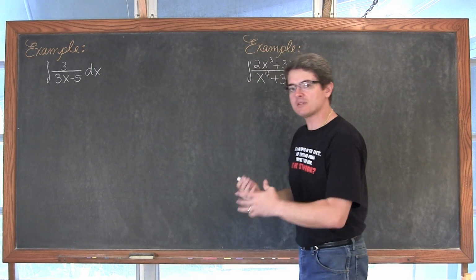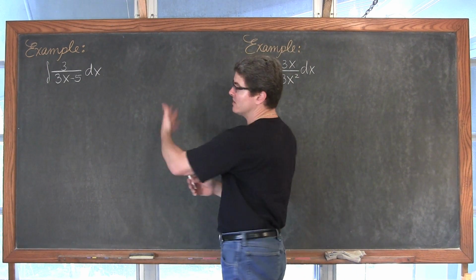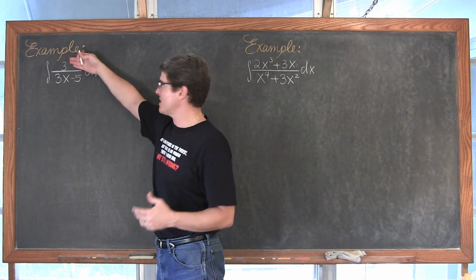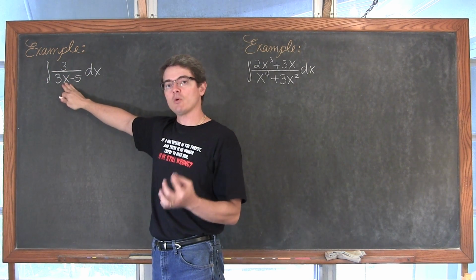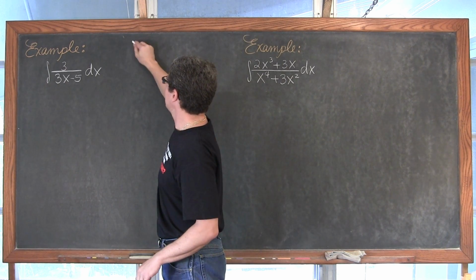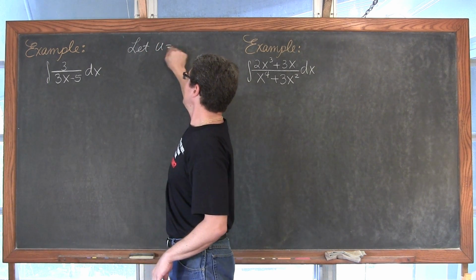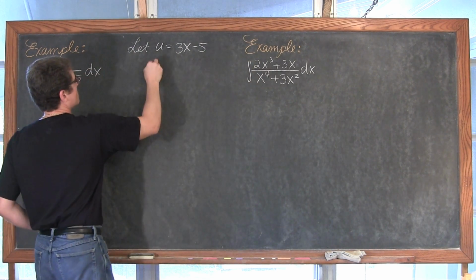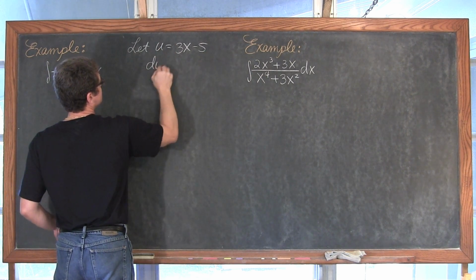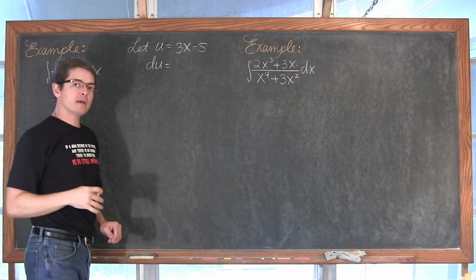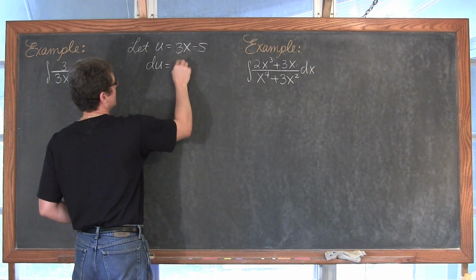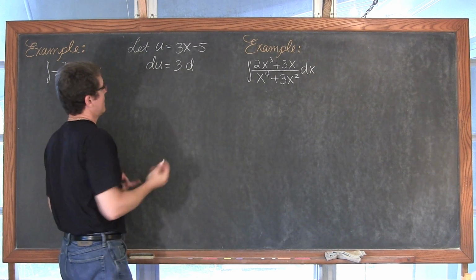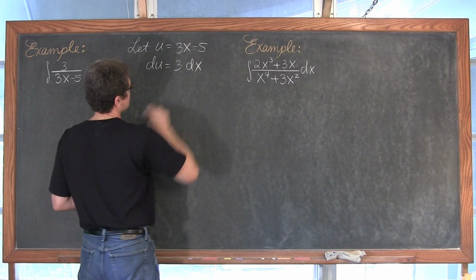But to do this process in small incremental steps, and especially if you didn't recognize that u prime over u pattern, we would look at this and go, okay, the numerator is very simple, the denominator has more going on. So let's just go ahead and let u equal 3x minus 5. Then du is going to be equal to the derivative of 3x minus 5 with respect to x, which is just 3, and then rewriting this in differential form, it's going to be 3 dx.